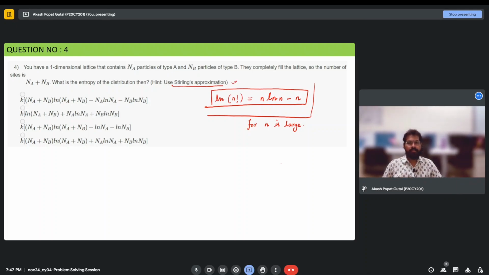If you are mixing two systems or adding two systems, then the entropy is also added. This particular entropy property we need to use to solve this problem.